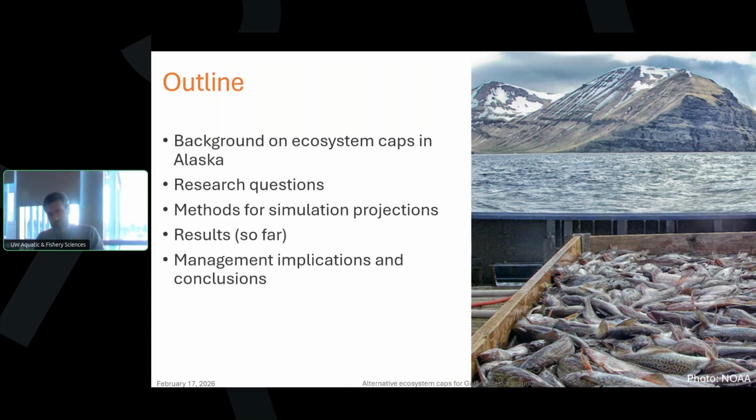So what's happening today? I'll touch on a bit of background on what ecosystem caps are, what they do in our system, or the system that I'm most familiar with, which is the Gulf of Alaska in particular. I'll go over the research questions that we've been stabbing at for a while now, and what method we use to simulate some projections.